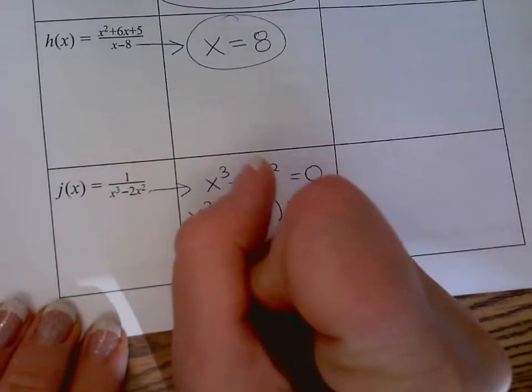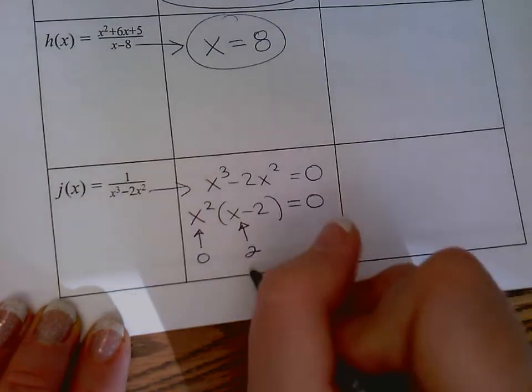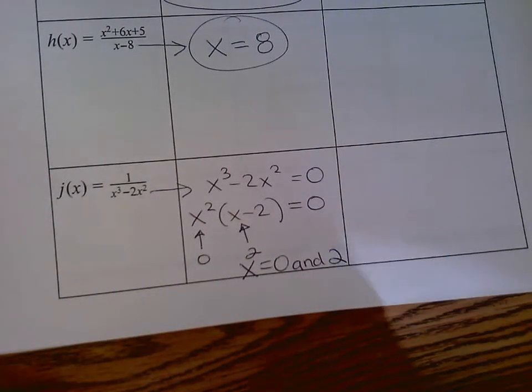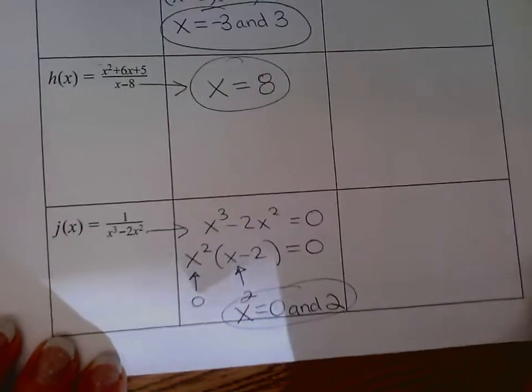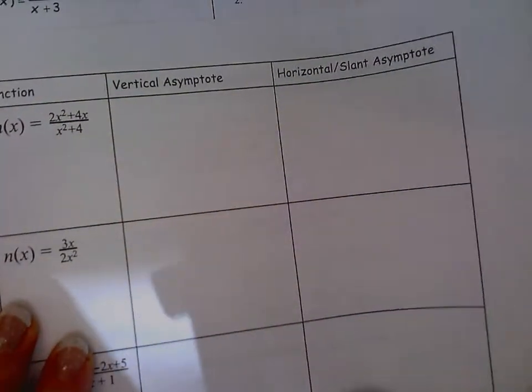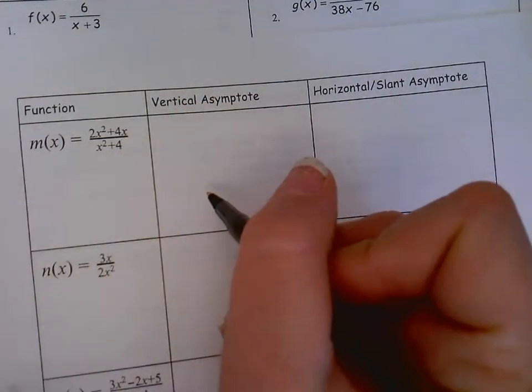So my two asymptotes are at 0 and at 2. x equals 0 and 2. So you might have two vertical asymptotes. All right, I'm still doing vertical asymptotes here. So if you didn't do them, try these 4 vertical asymptotes before I show you the answer.